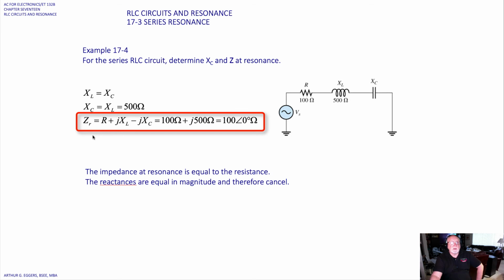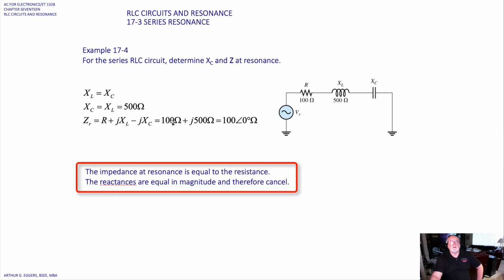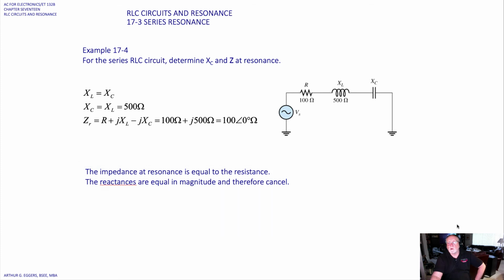Of course, the step that's missing here is doing the rectangular to polar conversion. You go ahead and do that conversion to prove that that is in fact the value. The impedance at resonance then is equal to the resistance. The reactances are equal in magnitude and therefore cancel out.